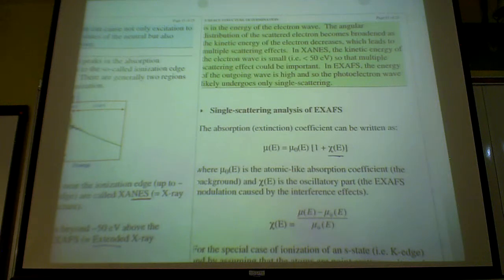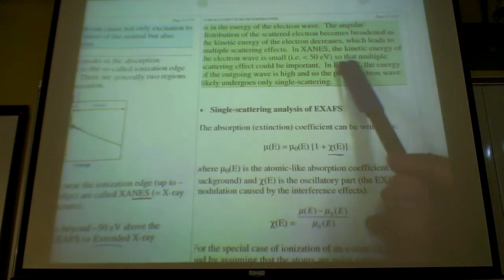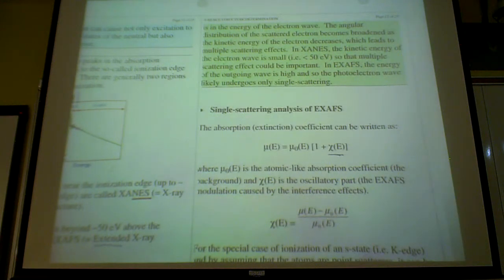And when they bounce around, in physics jargon, they undergo multiple scattering effects. They don't just scatter once, they scatter many times before they get out of your system. Whereas in XAFS, the energy of the outgoing wave is high, above 50 eV, and so they just bounce once off the atom inside your material, and then out of your material.